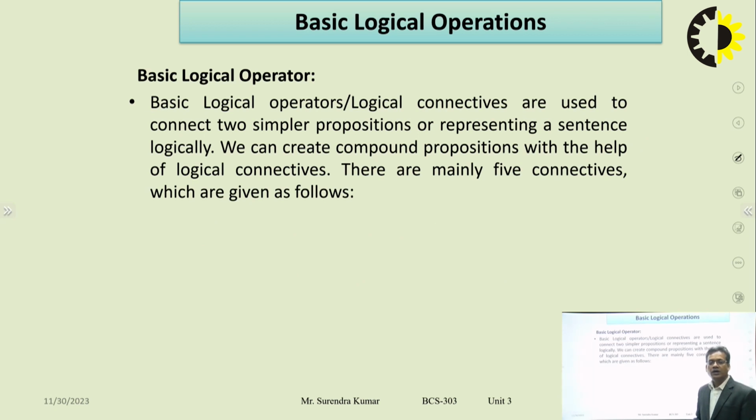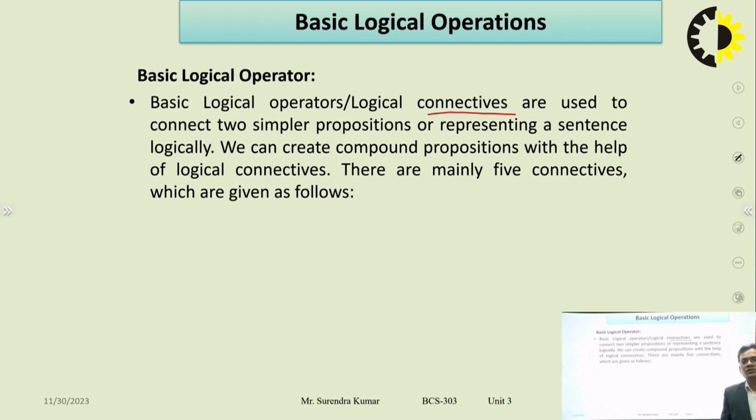So what are the basic logical operations or operators? Because for making any compound proposition you need some logical operators. You can define basic logical operators, or logical connectives, as used to connect two simpler propositions or to represent a sentence logically.